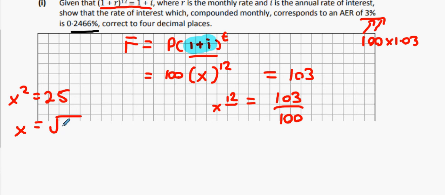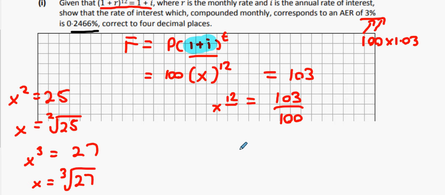You square root it, didn't you? And the square root technically has a 2 there. Likewise, if I said x to the power 3 equals 27, what would you do? You do the cube root of it. So what do you think you're going to do to this question? You're going to do the 12th root of 103 over 100.